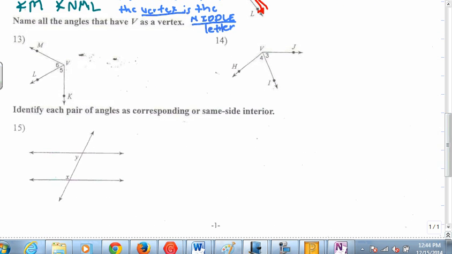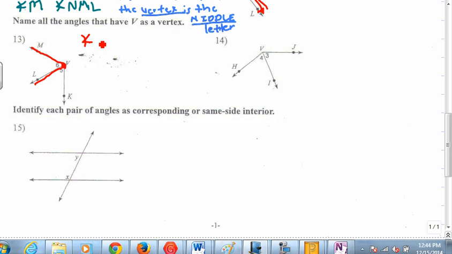Okay, the next section asks us to name all the angles that have V as a vertex. So how many angles have V as a vertex? Who thinks it's 1? Who thinks it's 2? Who thinks it's 3? Good, it's 3. So let's start off. How would you name this angle? What's one way you could name that angle? We could name it angle MVL.